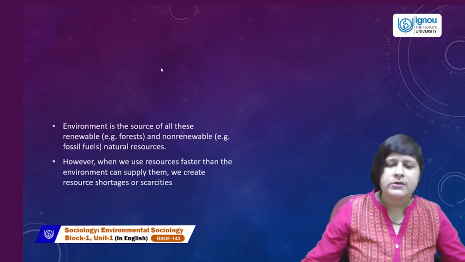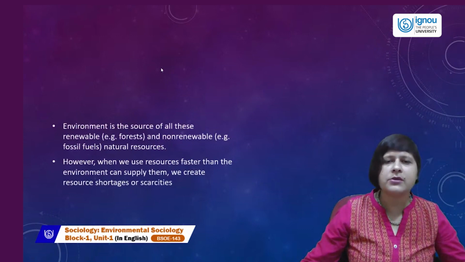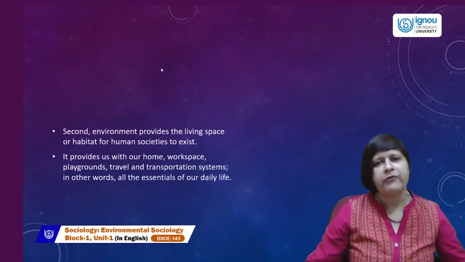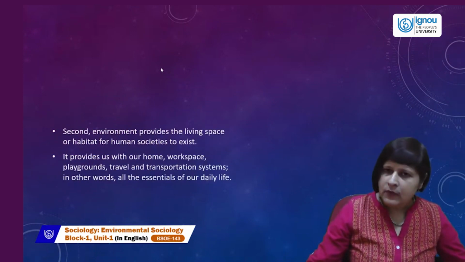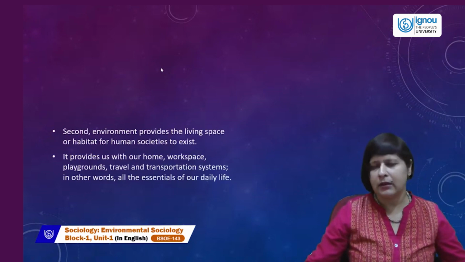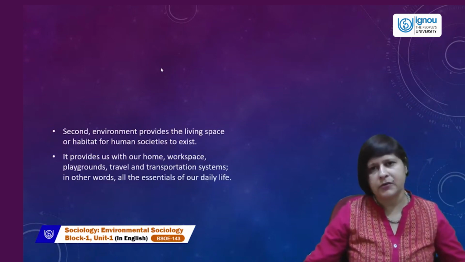However, when we use resources faster than the environment can supply them, we create a resource shortage or scarcity. So the first function is the sustenance of human society: human beings need land, air, water, and other resources, and the environment provides these resources, whether renewable or non-renewable.